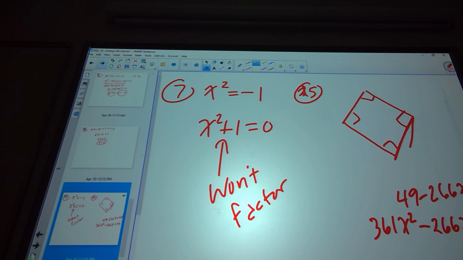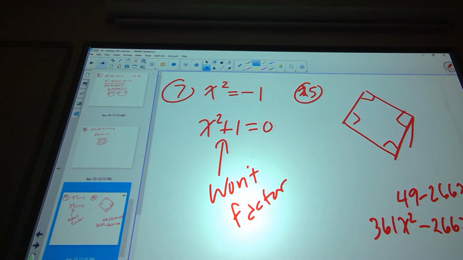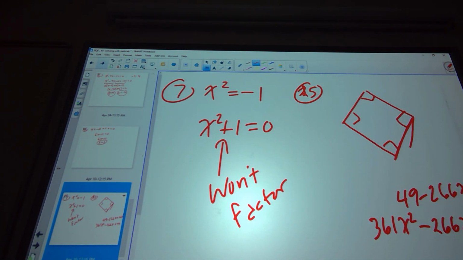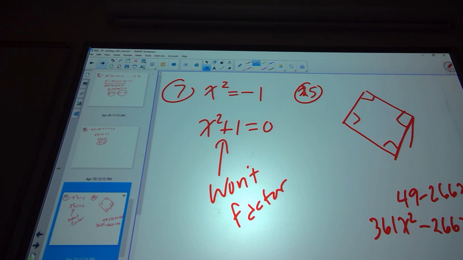361 is a perfect square. Let's see, 15 times 15 is 225, 16 times 16, 17 times 17. Someone have a calculator? What's the square root of 361? It's a 2-digit number.